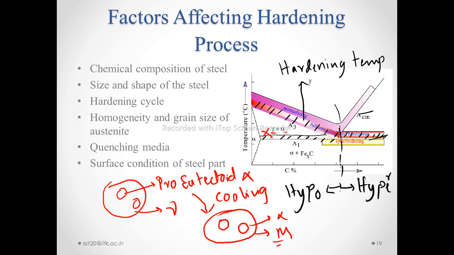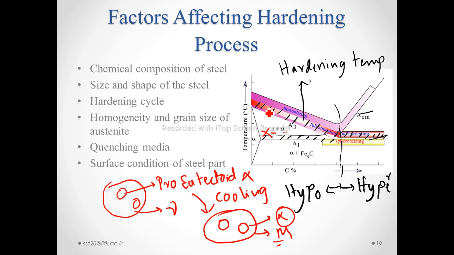Our aim is to get the material with the highest hardness value, but the presence of this alpha ferrite in the microstructure along with the martensite results in a reduction in hardness. So the aim of increasing the hardness or the wear resistance was destroyed due to the presence of alpha ferrite. Hence we should not heat just above the A1.